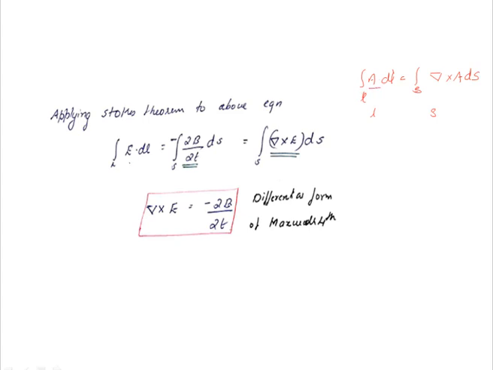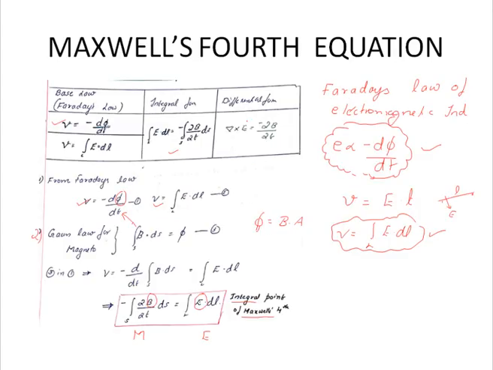Line integral of E dot dl can be written as surface integral of del cross E dot ds. Now this is in surface form, and this is also in surface form. So minus dou B by dou t will become equal to del cross E. So del cross E equals minus dou B by dou t. That is the differential form, or point form, of Maxwell's fourth equation. So this is the integral form, and this is the differential form.